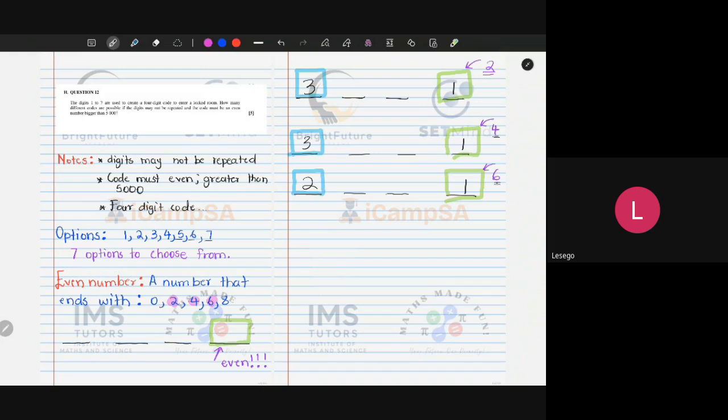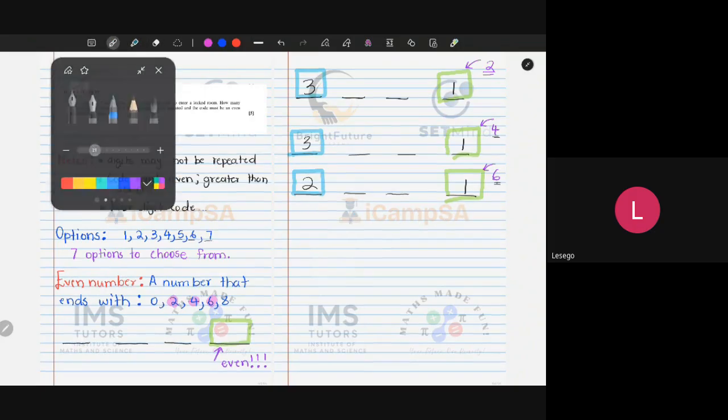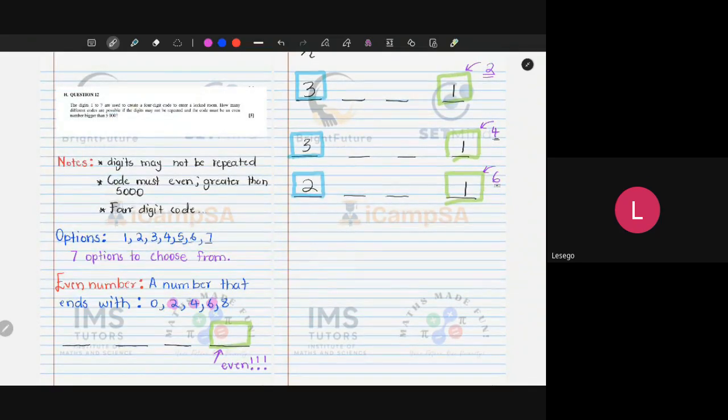Because the numbers that are going to be bigger than 5,000, remember 5,000 is like this: 5, 0, 0, 0. So for us to be bigger than 5,000, I can choose from a 5, a 6, and a 7, because on the last number, I just put a 2. And then for the next one, I have a 4.